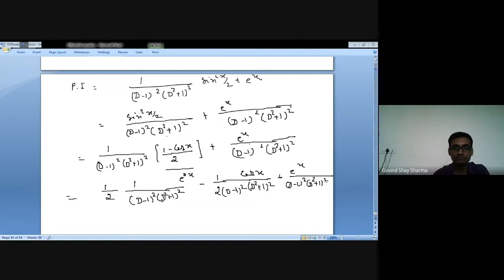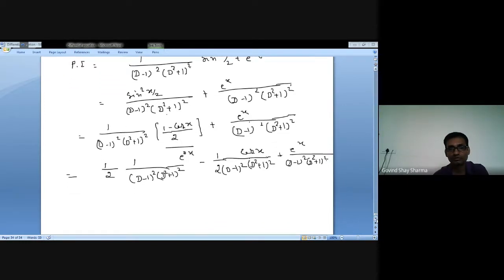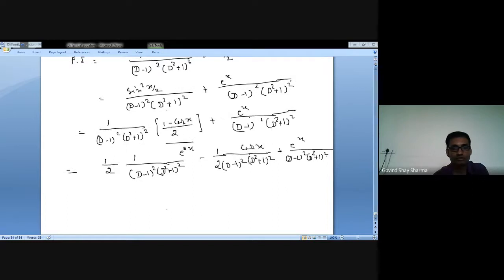Now actually here the numerator is 1, so we can write e to power 0x. E to power 0x is 1. So here we replace alpha is equal to 0.